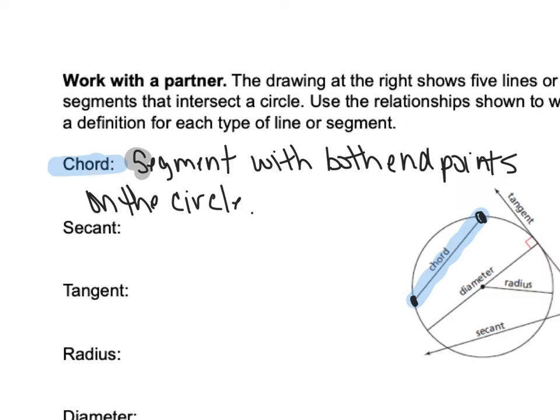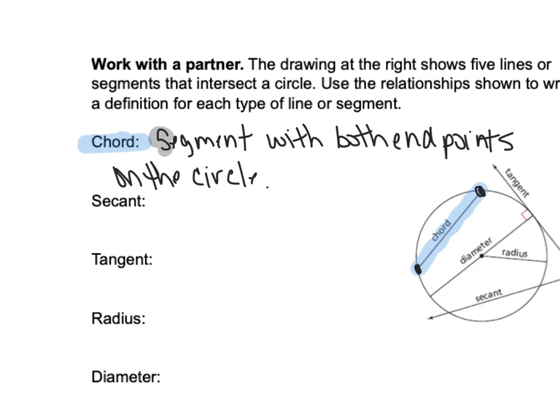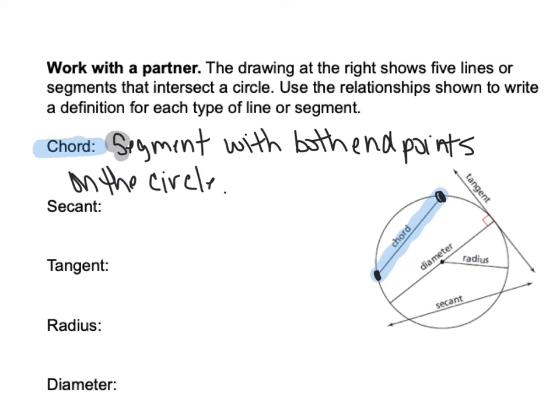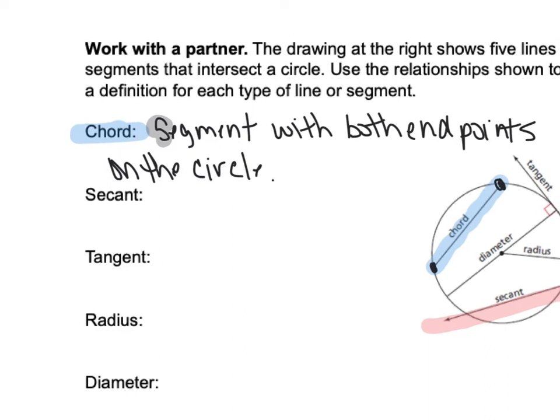A secant, let's find that one over here. This is a secant. Notice that a secant is not a segment. It doesn't have endpoints. A secant is a line. Then we think about where its endpoints are.